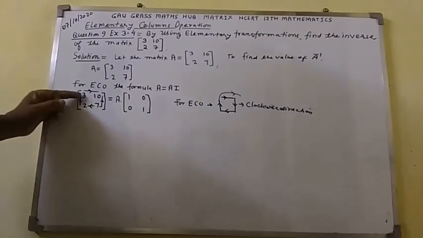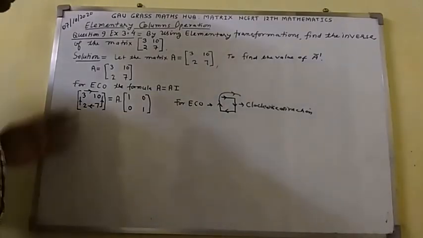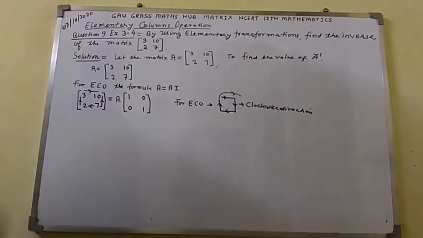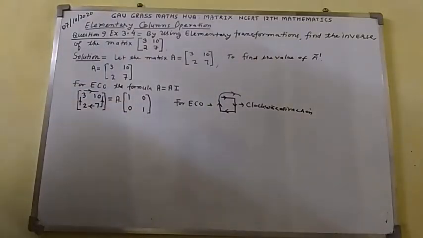So here in place of 3, 1 will be written. In order to make 3 a 1 at this place, we shall operate clockwise direction and also column wise.